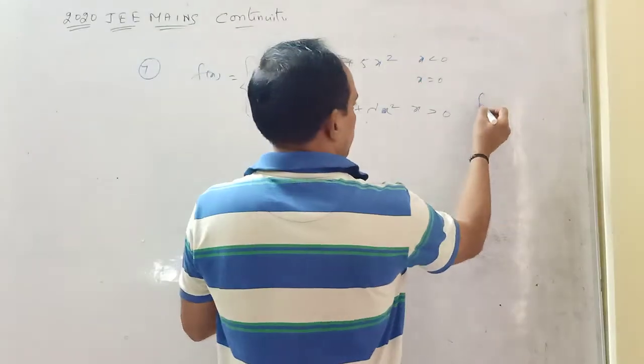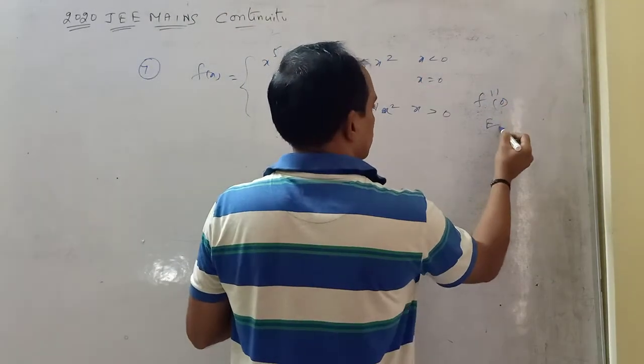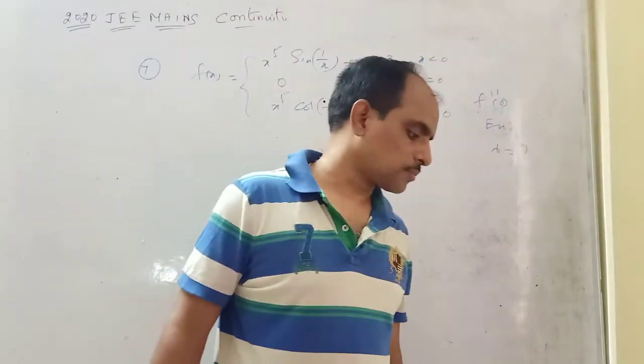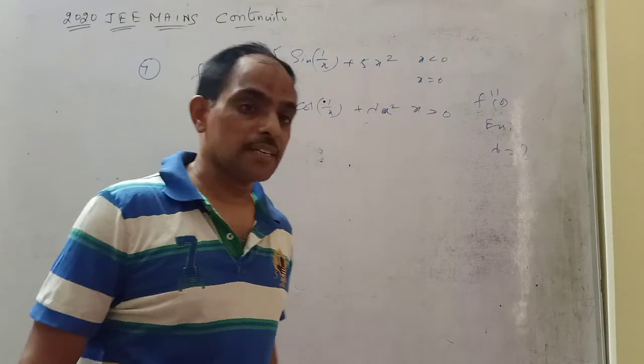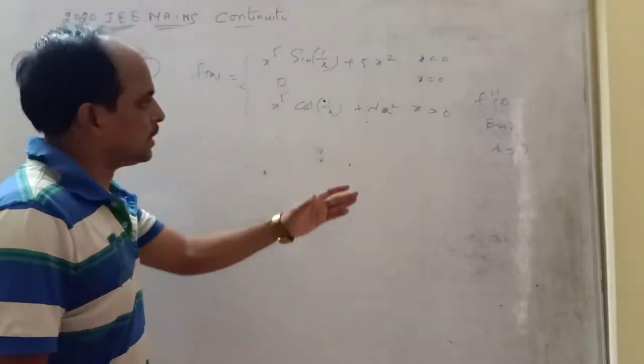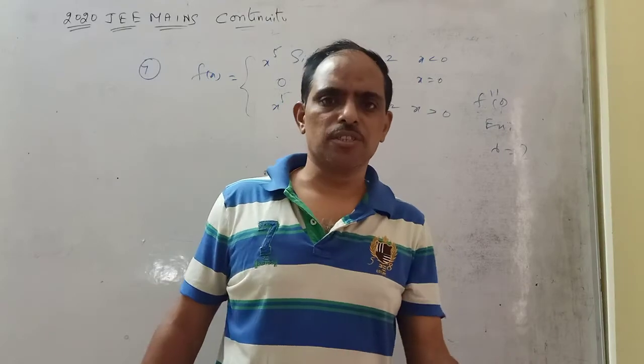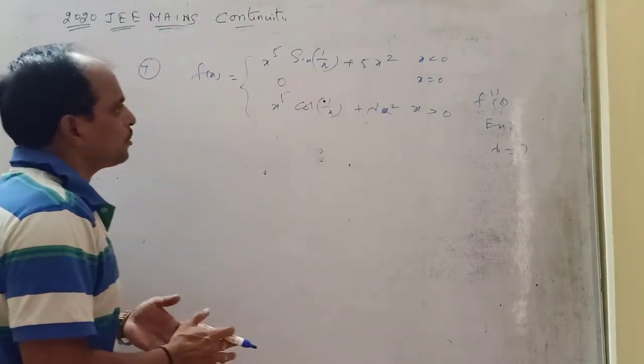Then f double dash 0 exists. Then what is the value of lambda? Okay, f double dash 0 exists, so f double dash 0 exists means the function is differentiable. Differentiable means it is continuous. So there is no necessity to check continuity here.